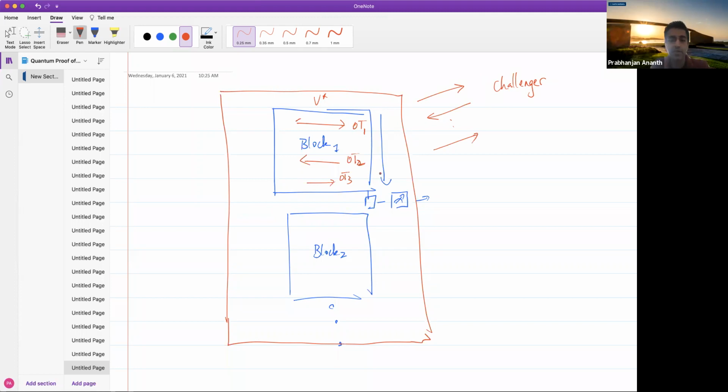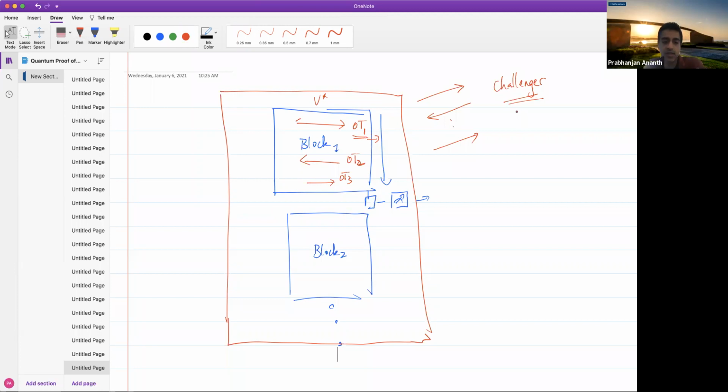You can say maybe you can measure some register that tells you whether an OT message was sent or not. But if you measure in the middle of the block, then you can no longer apply Watrous's rewinding, right? You have lost some information about the original state, so you can't go back to the original state. But if you don't rewind and figure out when the OT messages are sent, then how do you interact with the external challenger?